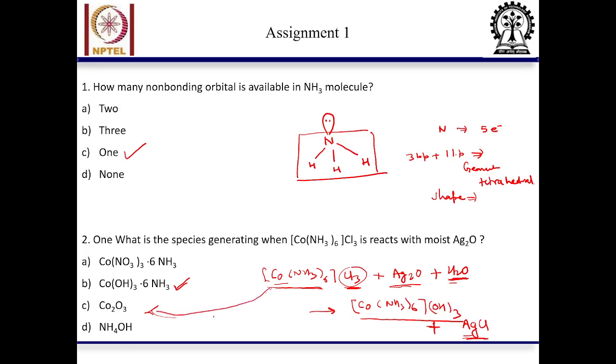Basically if you heat it at 100 degrees centigrade under O2, this compound will form. So a reaction will happen, but this is the simple ionic reaction where the silver plus ion will form the precipitate silver chloride, and this OH will form the hydroxide complex. Okay.